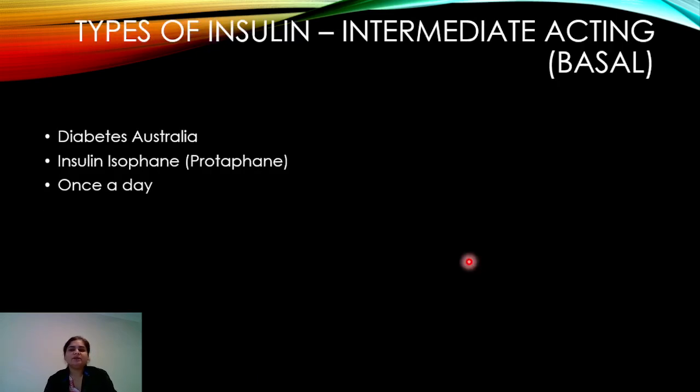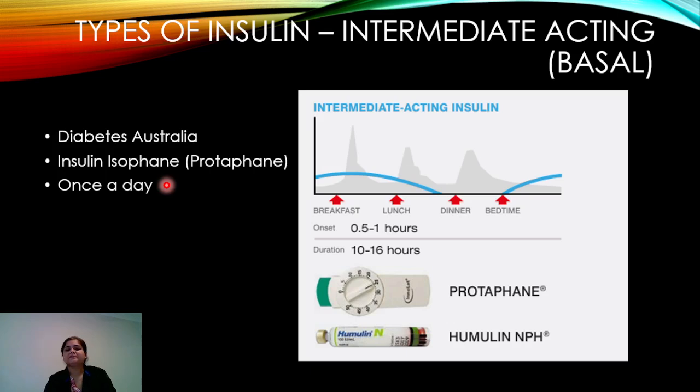Next is the intermediate acting insulin or basal insulin. Again, intermediate acting would be a bit shorter acting than Toujeo or glargine, but this is also acting for quite a fair bit of time. In this situation, these insulins are also given once a day, and the common one in use is insulin isophane or Protaphane. This is the device you may have seen, the Protaphane device, and we also use some vials, Humulin NPH.